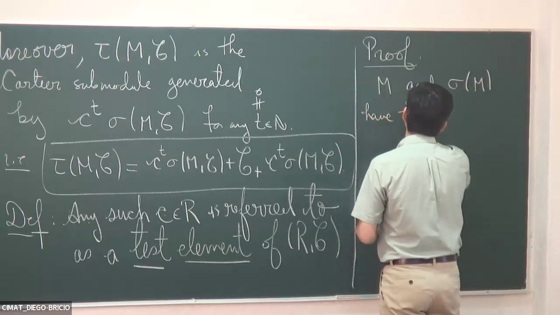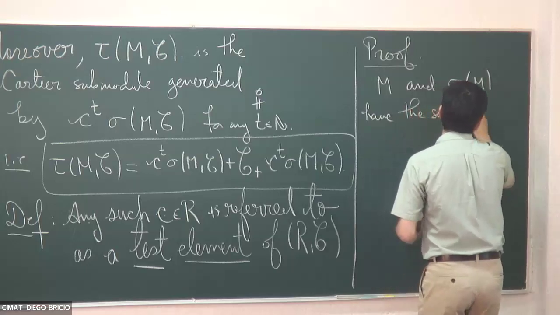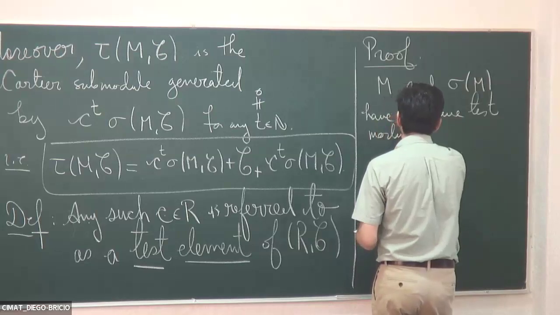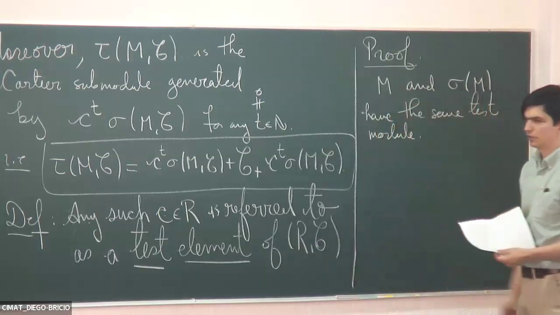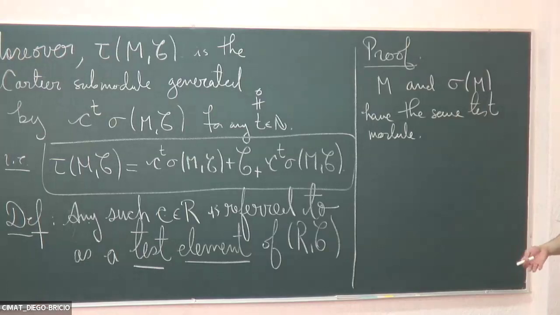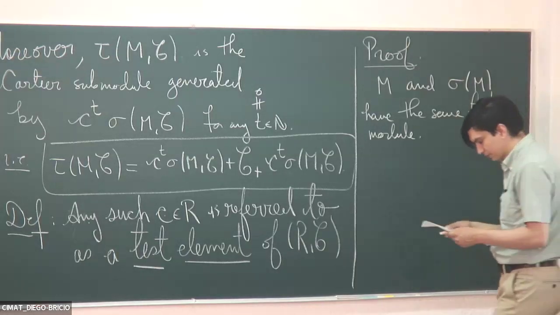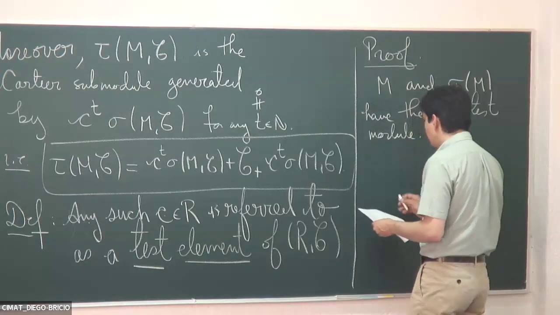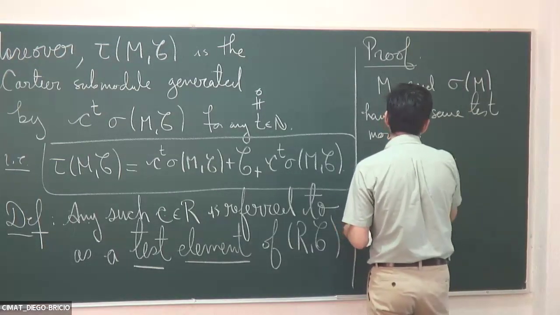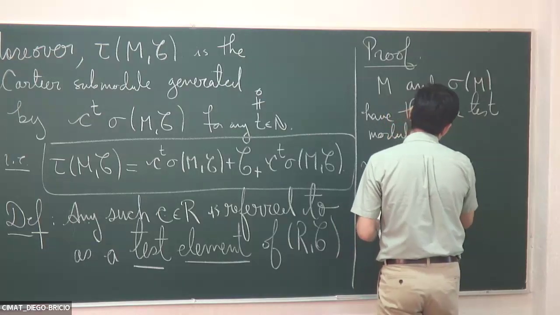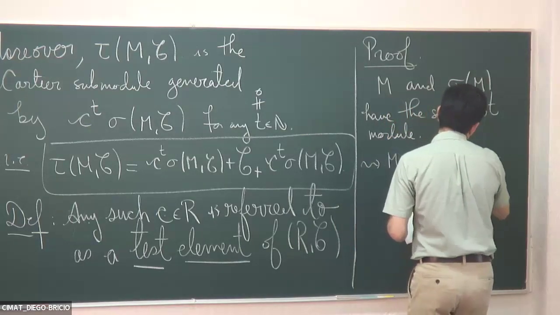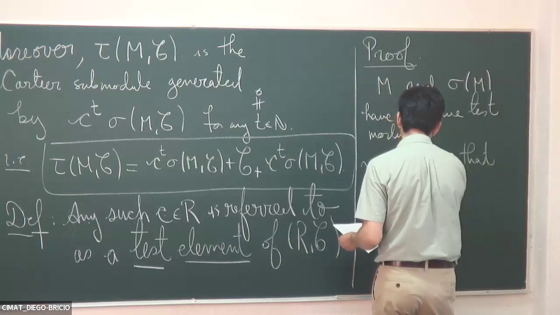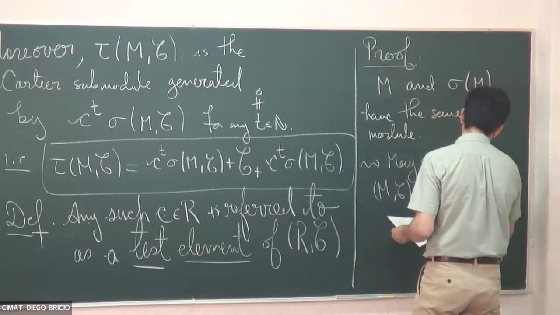Two modules that are nil-isomorphic have the same test module. So what this means is that we may assume that n, or n comma C, is F-pure.